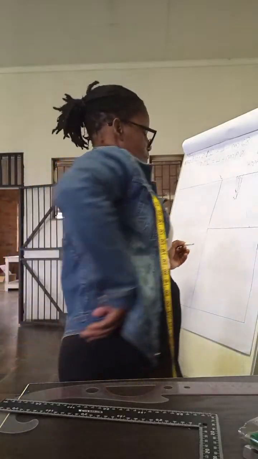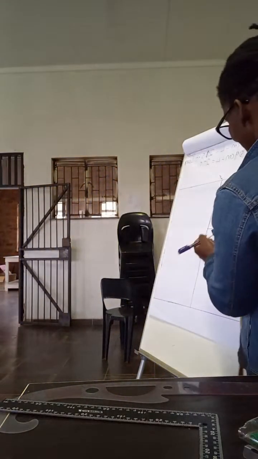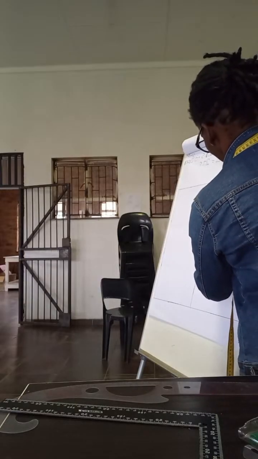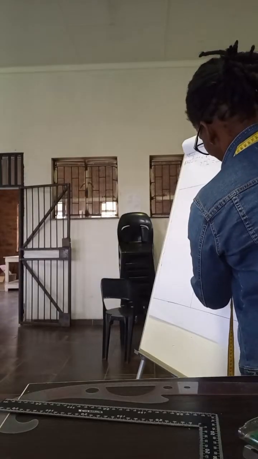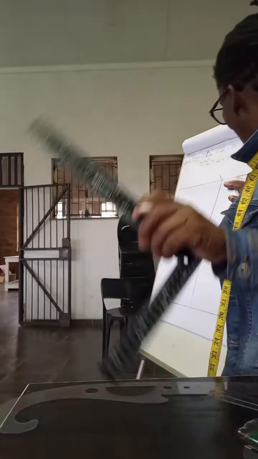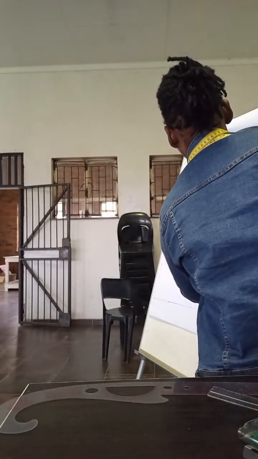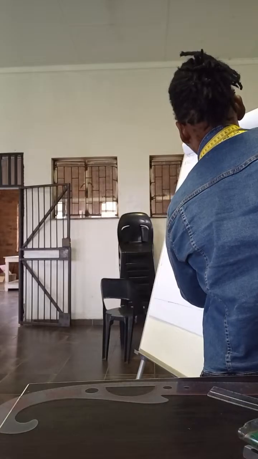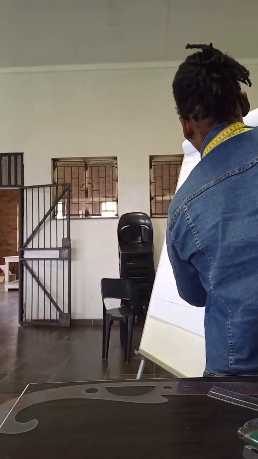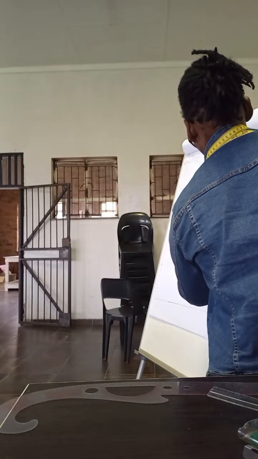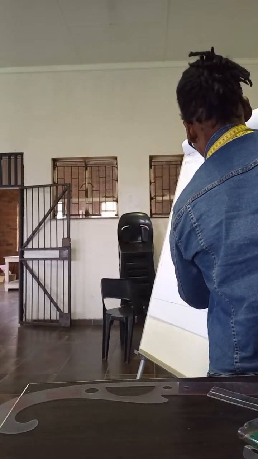When they arrive tomorrow, I'm going to make you take over the class and show them what you learned yesterday. That is the hip line. Just write hip line next to it. Write hip line.